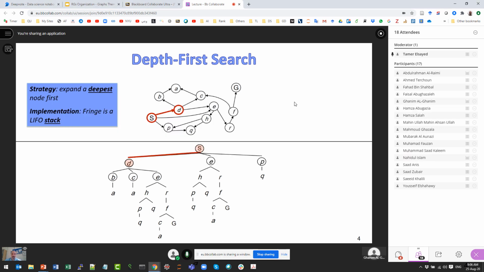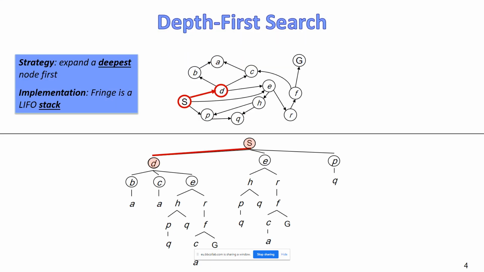Which E? The one after D. You mean, let me show, this one, right? At depth 1, not at depth 2, right? Oh, this one. Okay. So why is this one specifically?